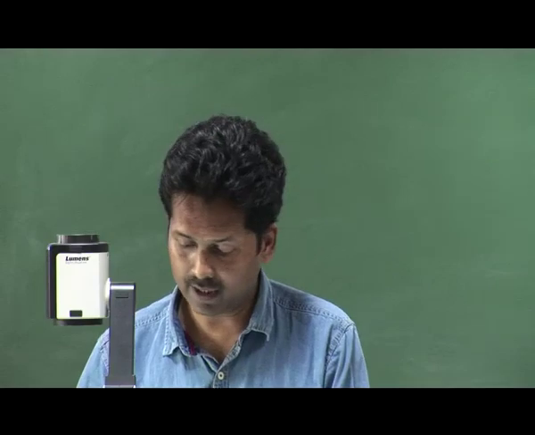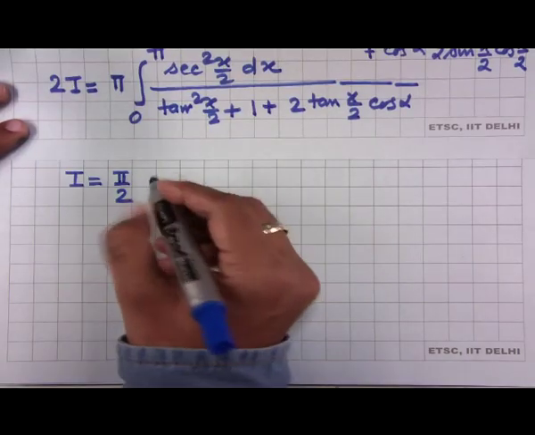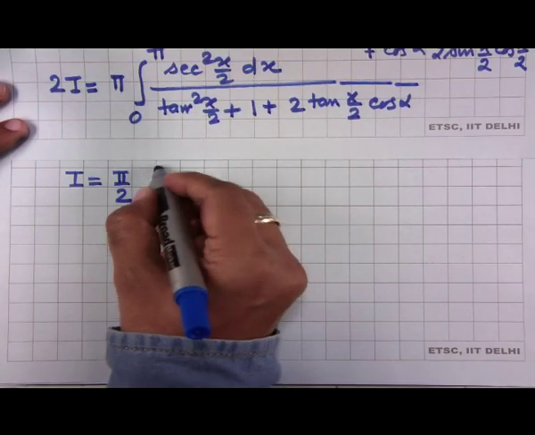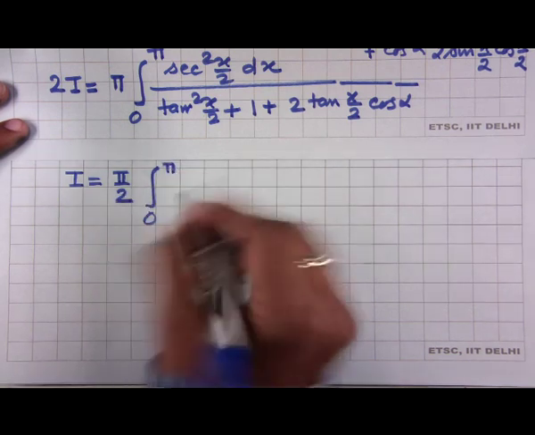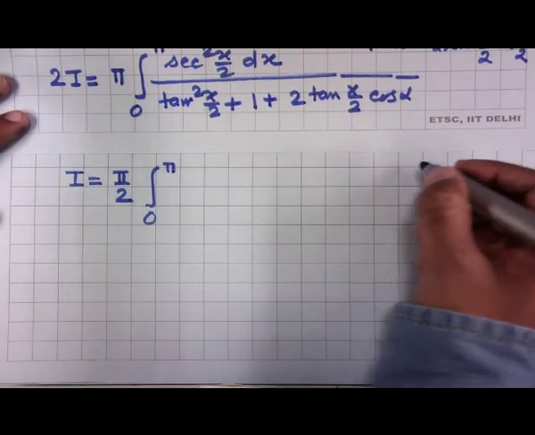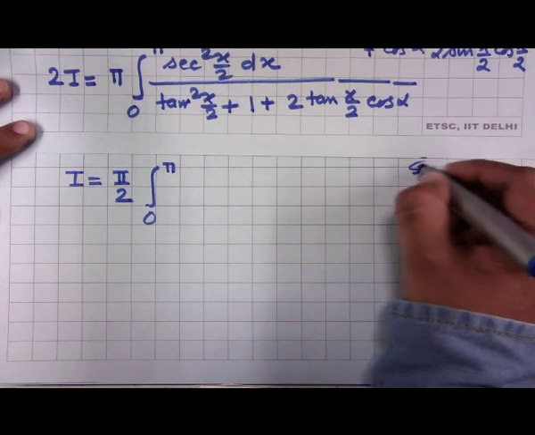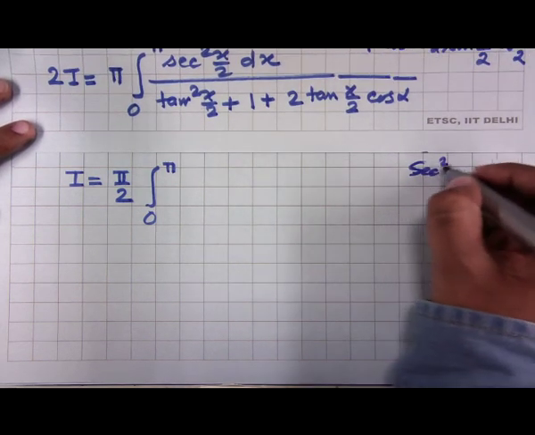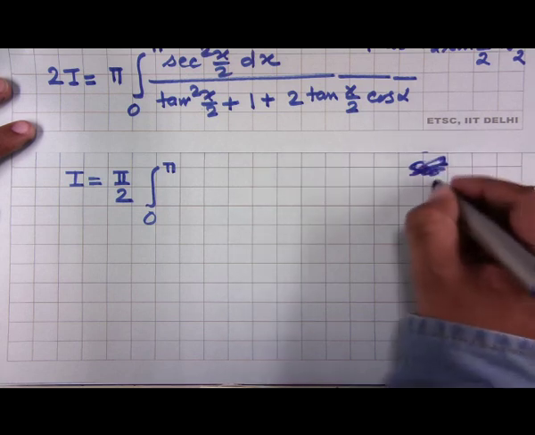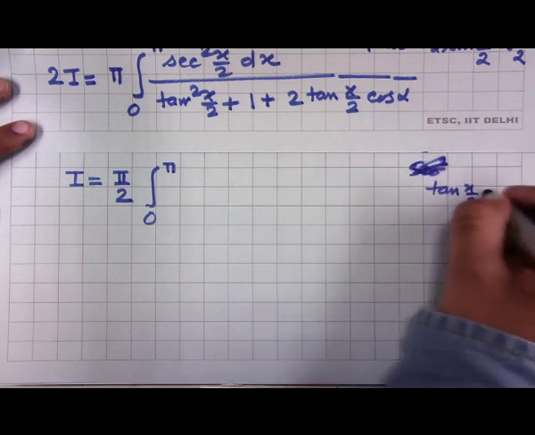So this we can write as I is equal to pi by 2, 0 to pi. Let me take tan x by 2 as t.